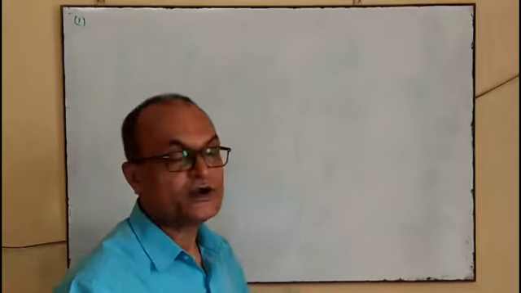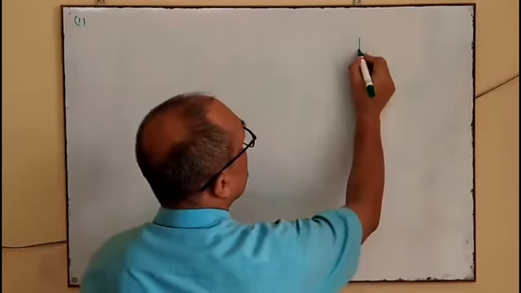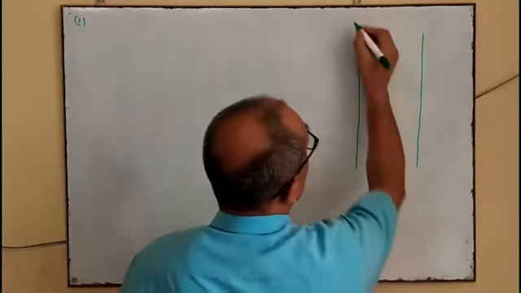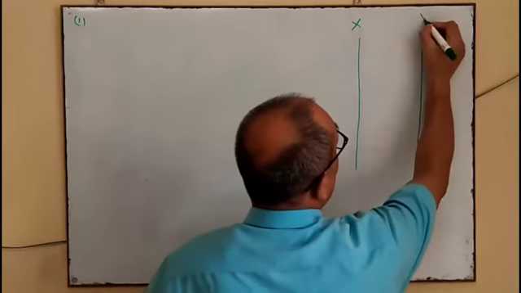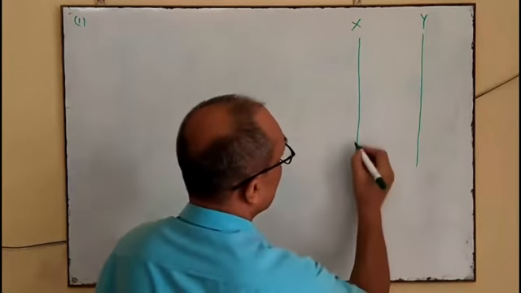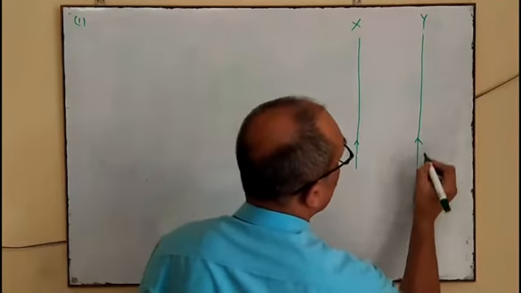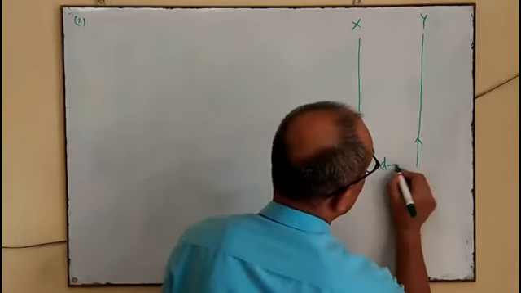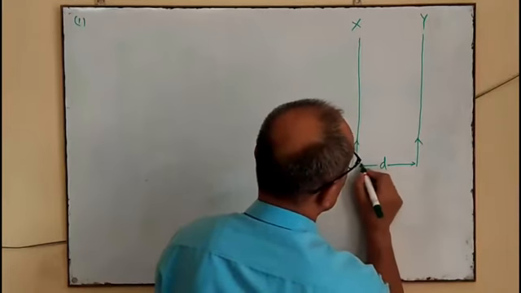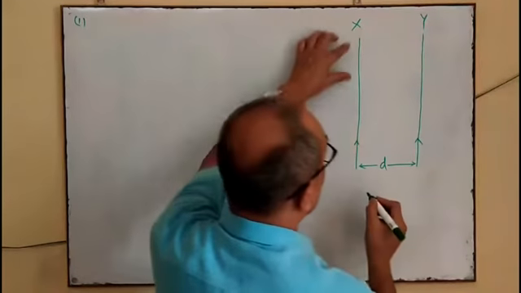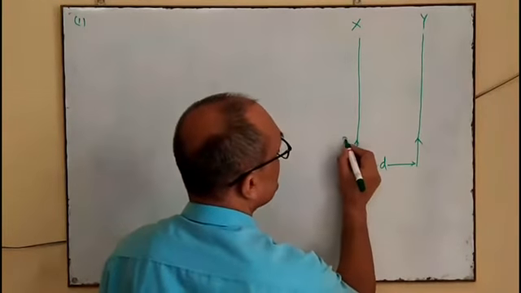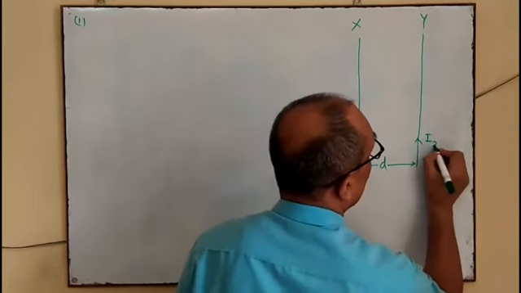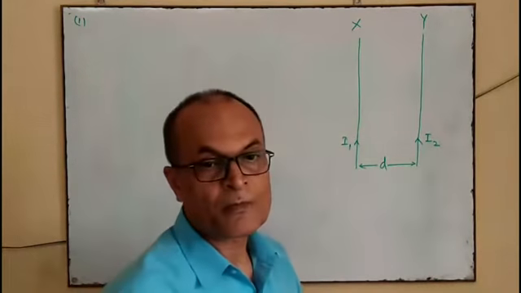Suppose the two currents are carried in this wire and in this wire, say X and Y. These two wires are parallel to each other and they are separated by distance D. From this wire current I1 is flowing, from this wire current I2 is flowing.